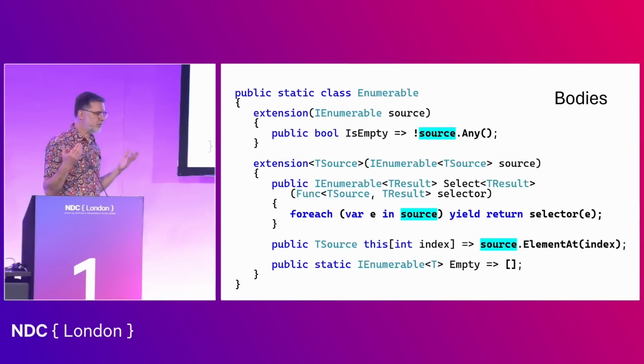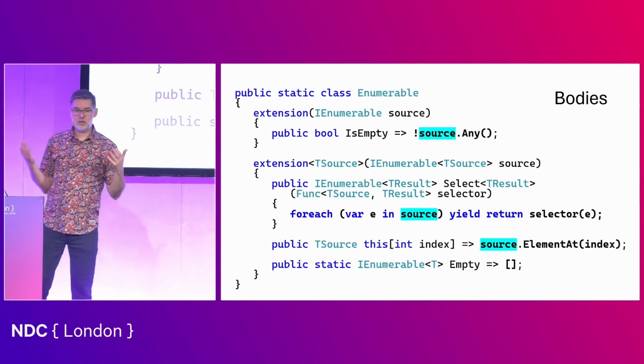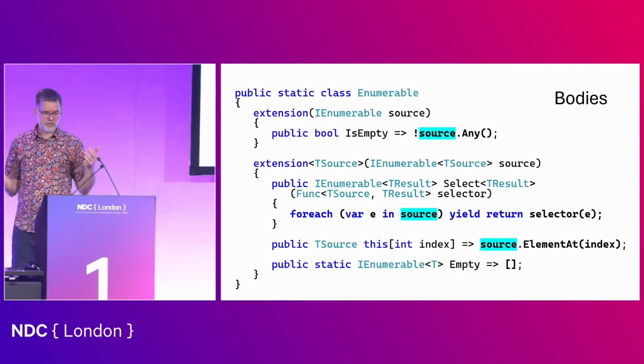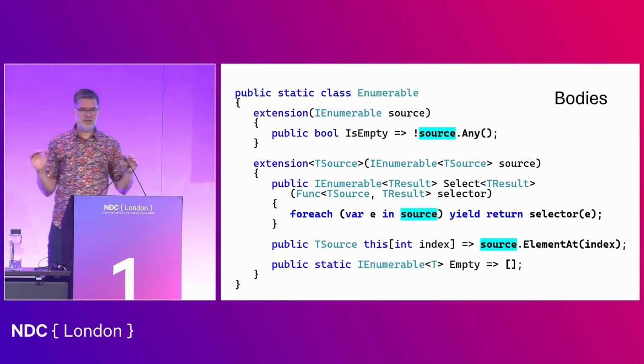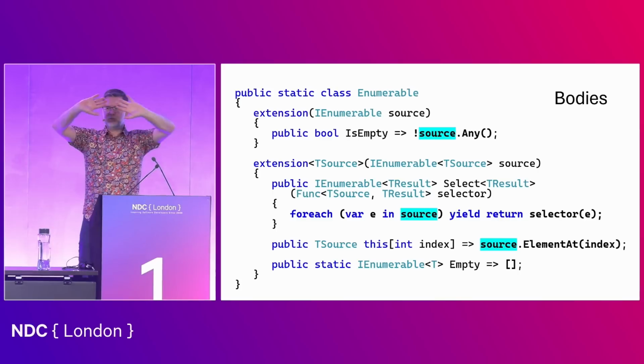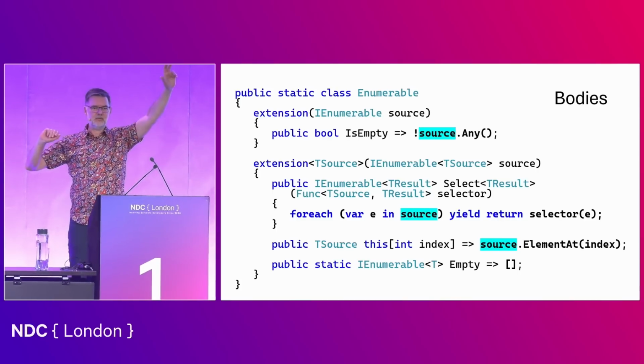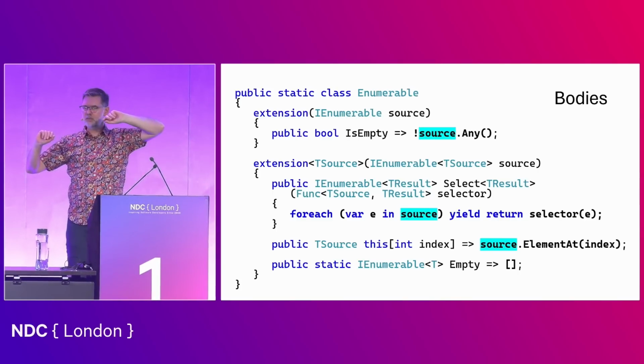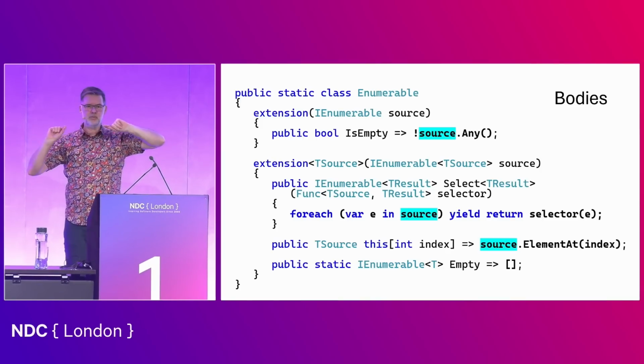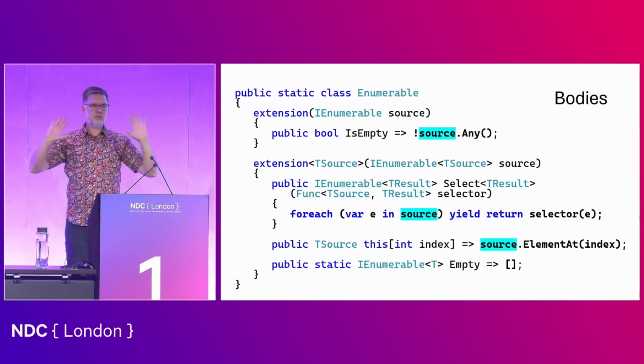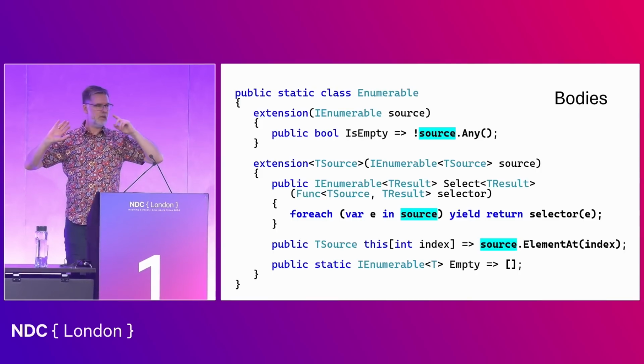But there was a school of thought that I was certainly part of for a while, which is, since the member signatures look exactly like they do in a class, shouldn't the body also look like it would be in a class? When you're in a class, you refer to the receiver with the this keyword. And in fact, you can even omit it and refer to your neighboring members as a simple name. Instead of saying this dot method, you can just say method.